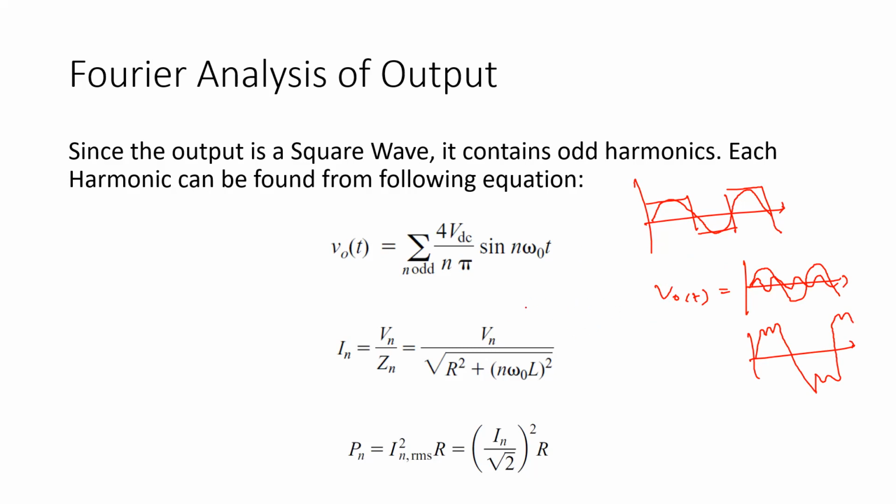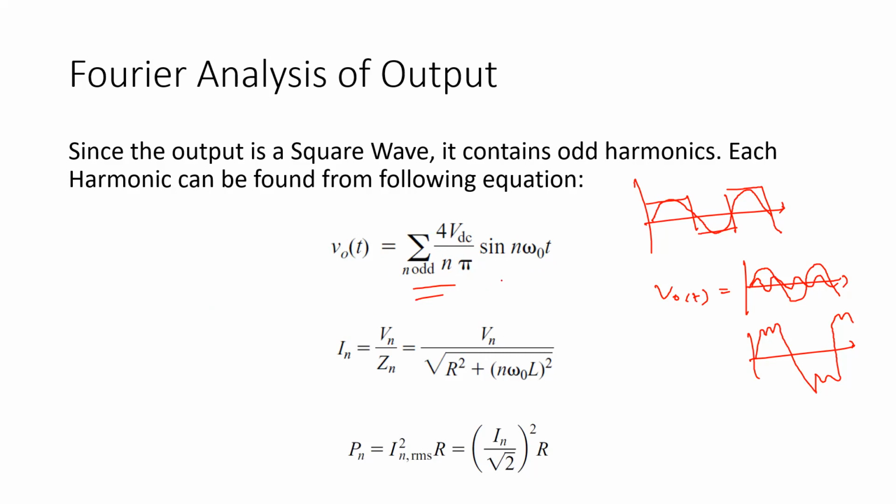So this is the Fourier representation of a square wave. The square wave pulse is coming out as the waveform of the inverter, so we are going to use the Fourier representation of a square wave to analyze this. I hope everybody can understand this.